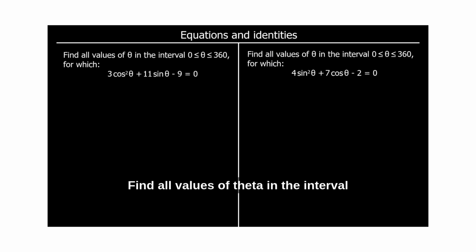Another one, find all values of theta in the interval 0 to 360 degrees, for which 3 cos squared theta plus 11 sine theta minus 9 equals 0. So this time we've got a cos and a sine. We can't factorize that.